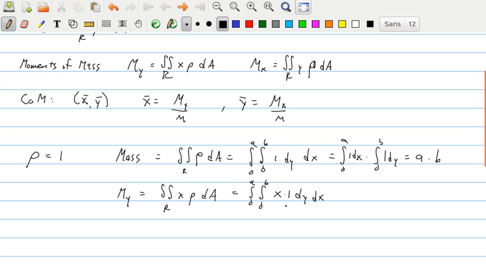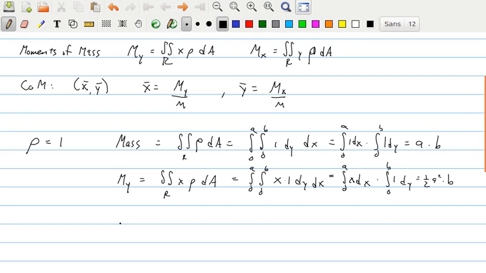And again, this factors, so we can use the box theorem. We integrate from 0 to a x dx times the integral from 0 to b of 1 dy. So this first integral is 1/2 a squared. The second integral is b, and that's our moment about the y-axis.